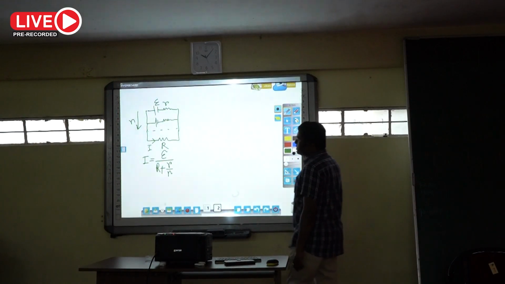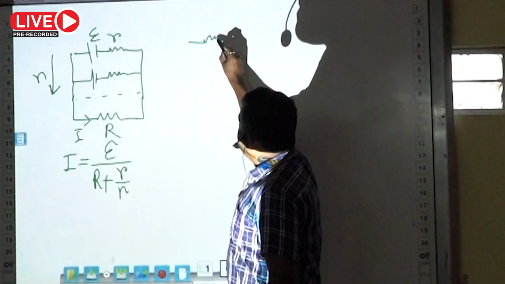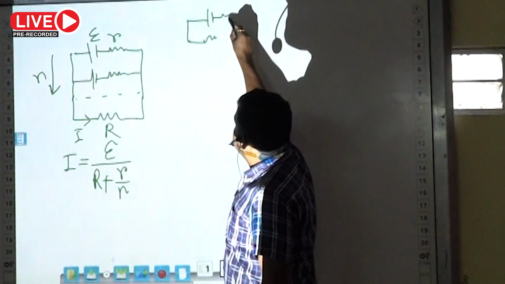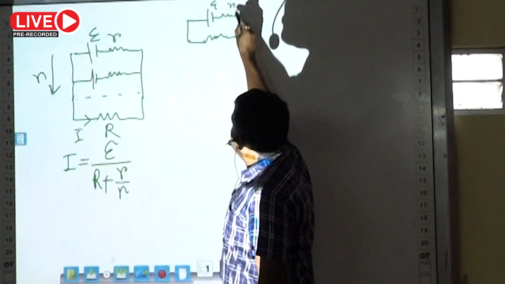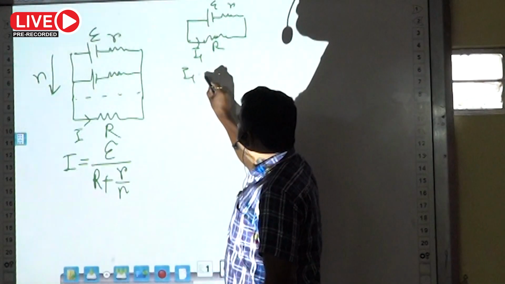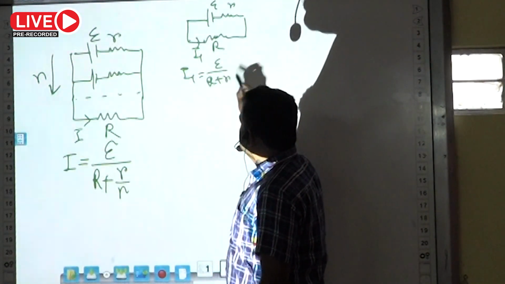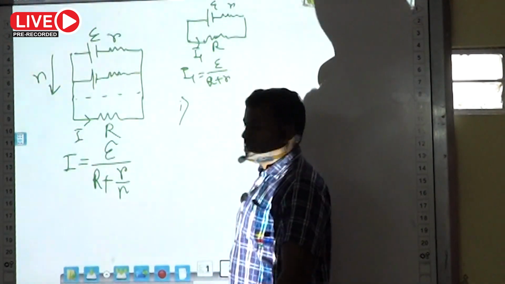Now similarly for a single cell I can write I1 equal to E by R plus r. Now again two conditions we will check.